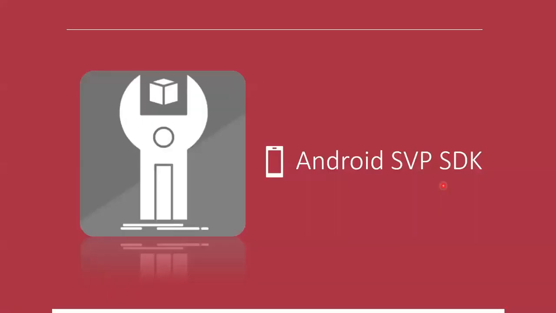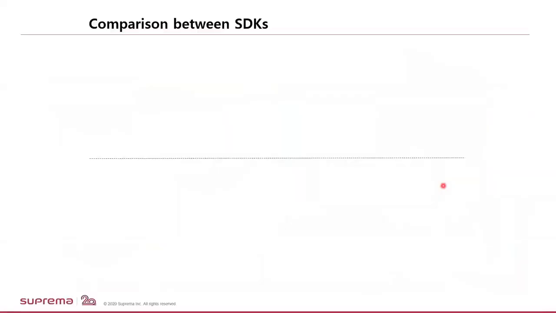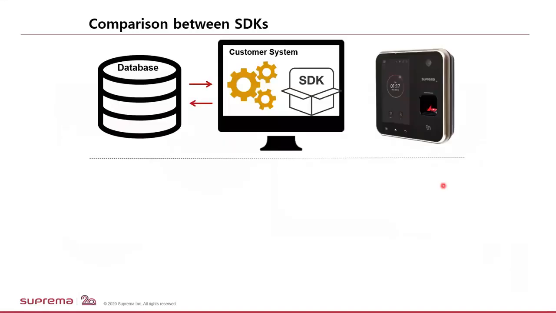API. Right. Just a brief introduction, not very extensive, about the SBP Android SDK. Some comparisons between the SDKs: when you are working with the device SDK, what you are working with is the server, and all the instructions from here to the device are already written.